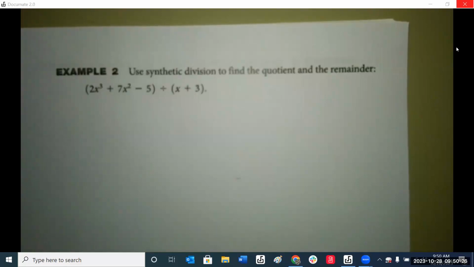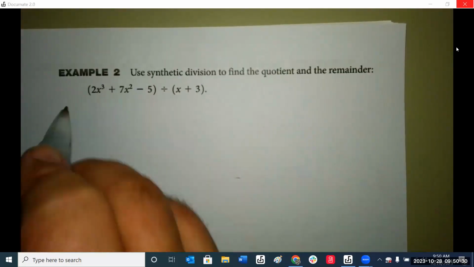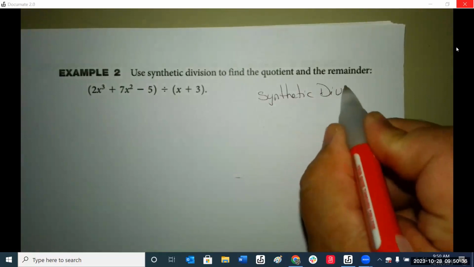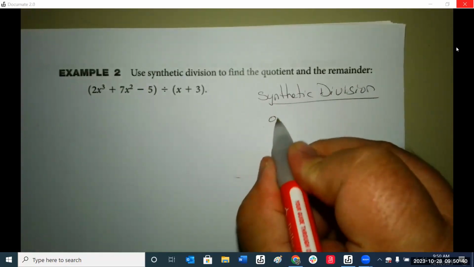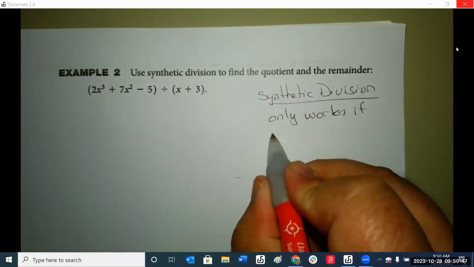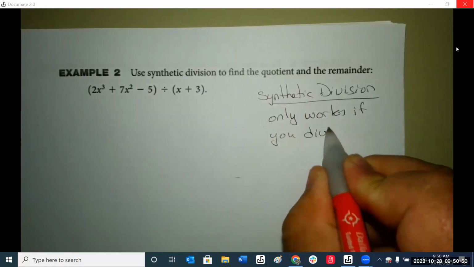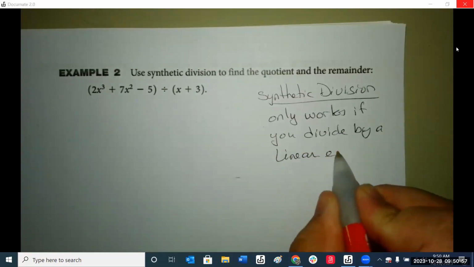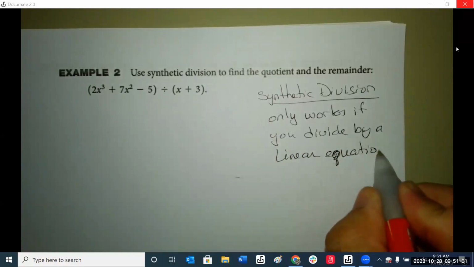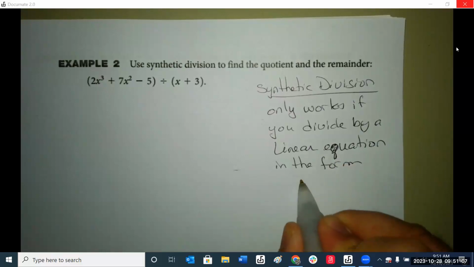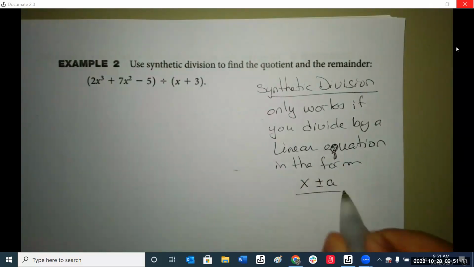Now, let's look at synthetic division. It only works if you divide by a linear equation in the form x plus or minus some number.